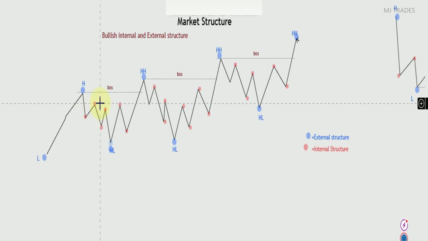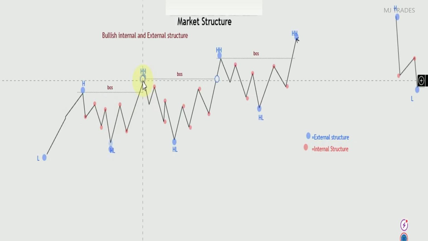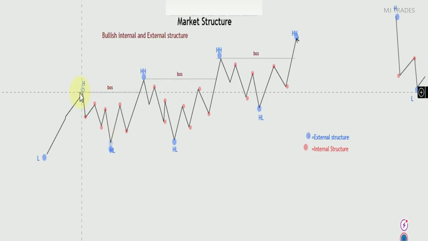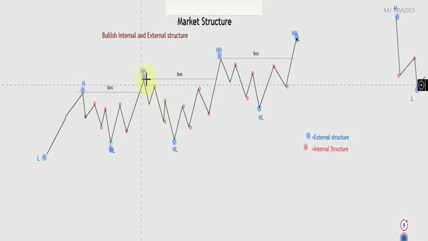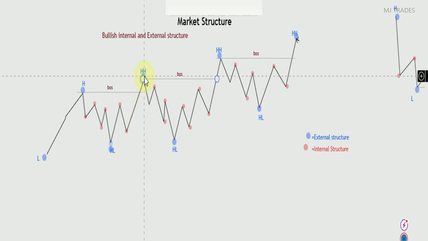We're going to wait and watch the market continue to do its thing. Once a new candle is formed that breaks this recent high that we marked here, this makes us understand that a structure has been formed, the market has broken, and a new higher high has been created.